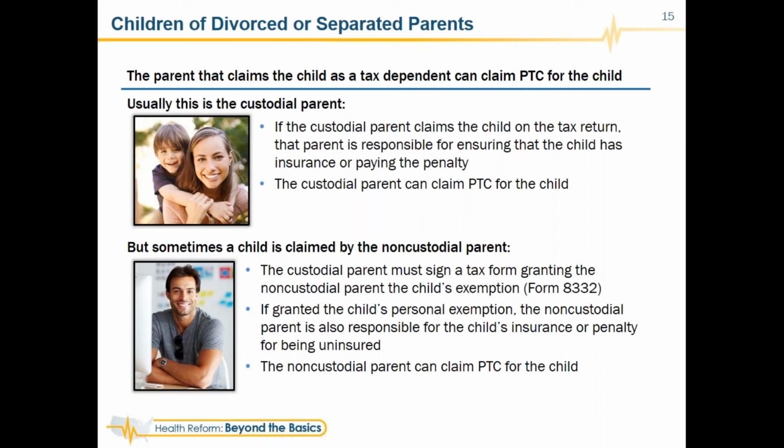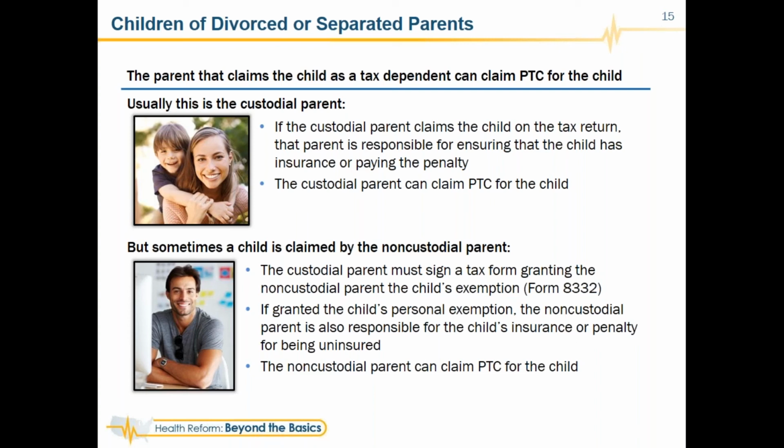And if granted the child's personal exemption, the non-custodial parent, again, is going to be the one who's responsible for either getting that child insured or paying a penalty. And in that case, the non-custodial parent would be able to claim the premium tax credit for the child. It's important to know that this is different from when a divorce decree says that one parent is responsible for the health insurance of a child.